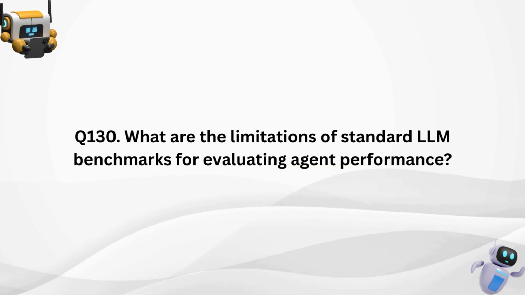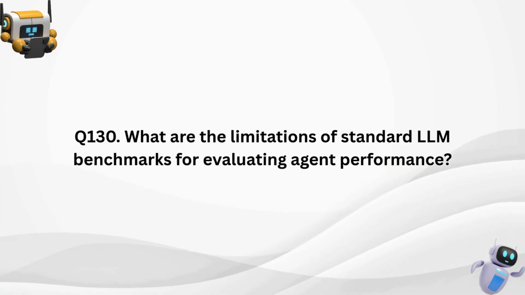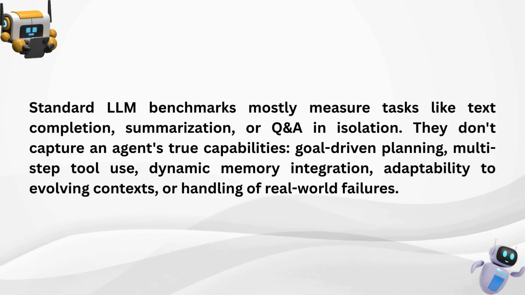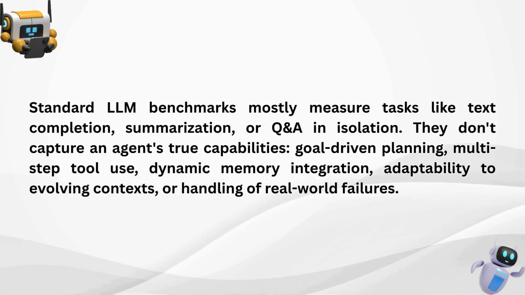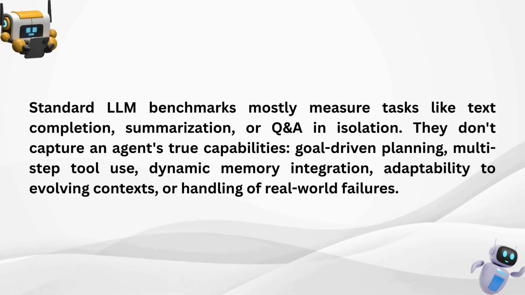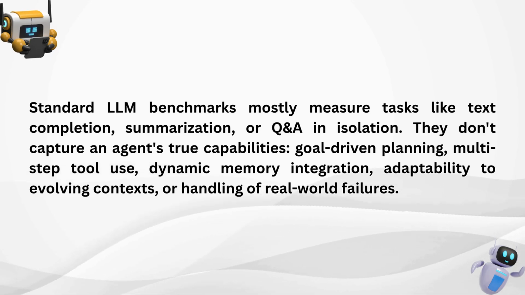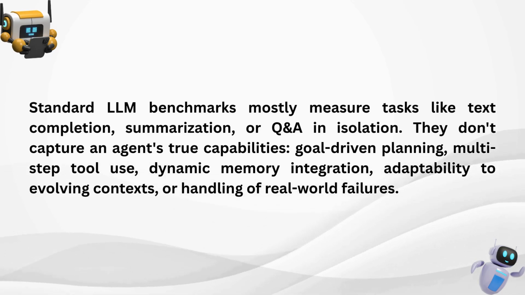What are the limitations of standard LLM benchmarks for evaluating agent performance? Standard LLM benchmarks mostly measure tasks like text completion, summarization, or Q&A in isolation. They don't capture an agent's true capabilities: goal-driven planning, multi-step tool use, dynamic memory integration, adaptability to evolving contexts, or handling of real-world failures.